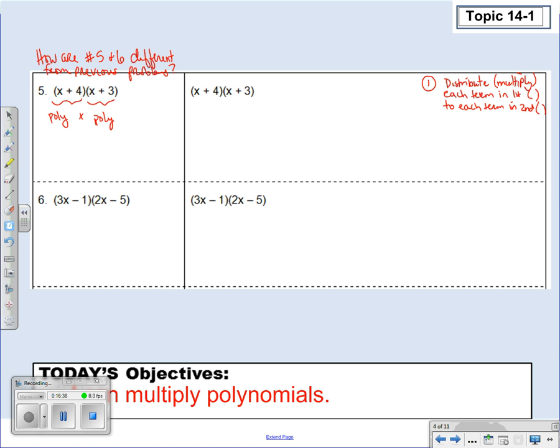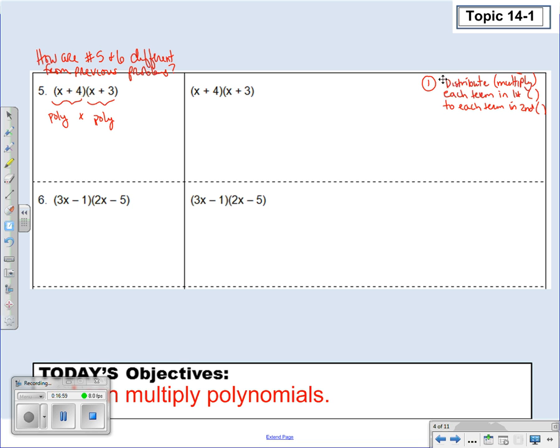So I'm going to show you a couple ways that you can do that. It depends on what type of learner you are and whether or not a visual makes it easier for you. And then you get to choose which method you prefer, because either method will work as long as you do it correctly. So let's look at each term in the first parenthesis.